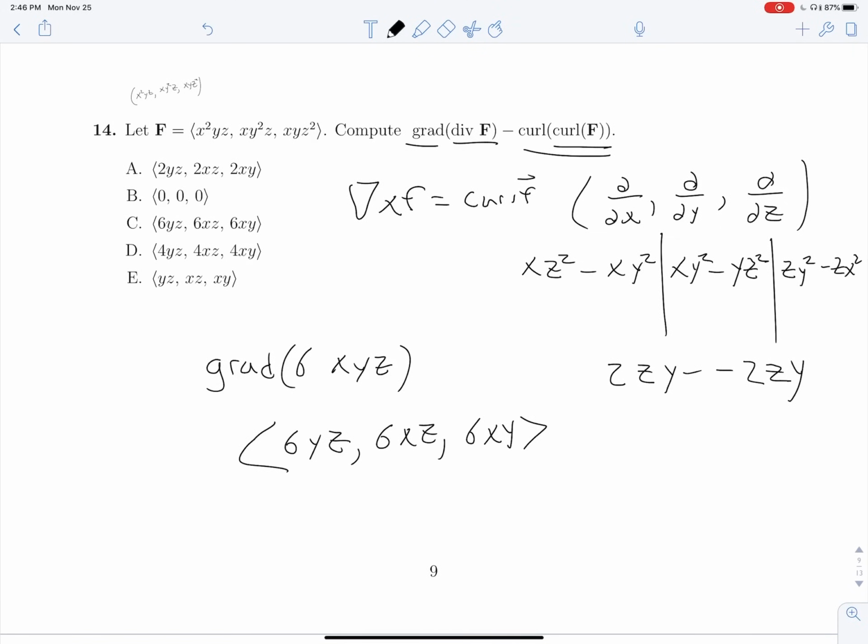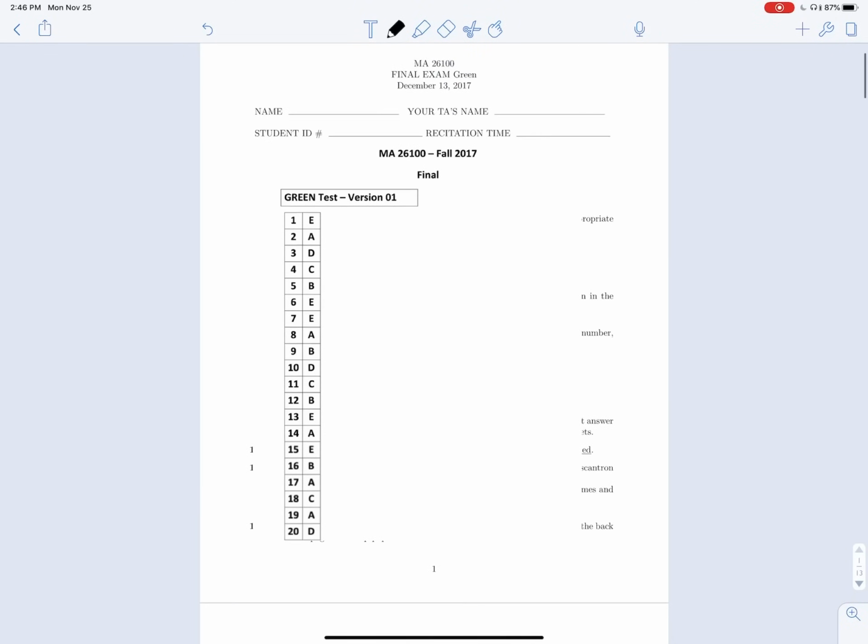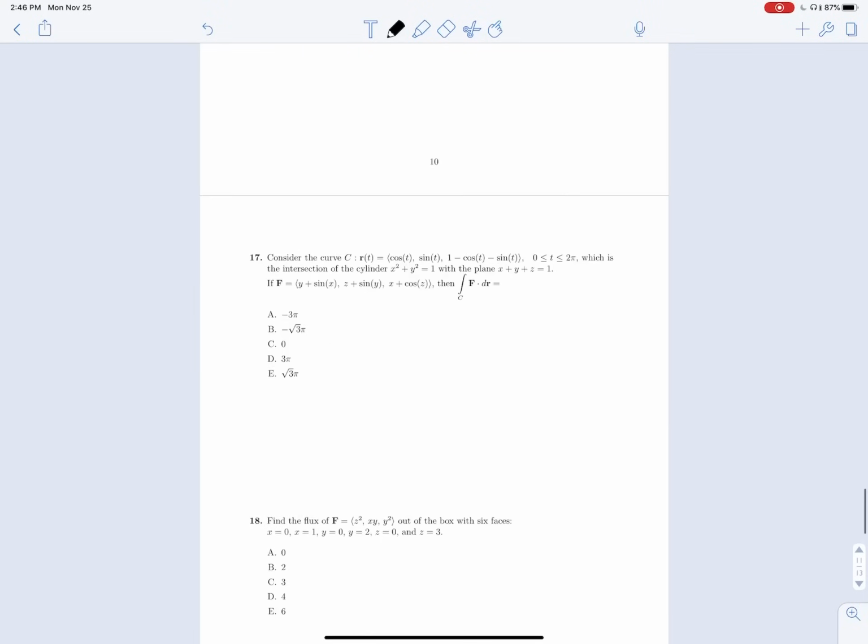So this is good news, because we see that every component in any of our answer choices have the same coefficients. So because we know that this first component works out to 4zy, we can subtract that from our 6zy, like they tell us to do here, and 2zy, I'm relatively sure, thank God, is our answer.